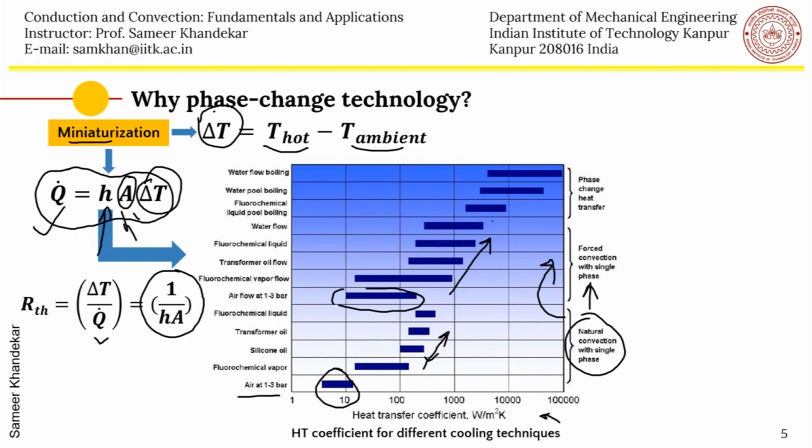Then what do you do? You change the physics, go from single phase to a two-phase system. That means now you start making use of the latent heat. And as you know, the latent heat of water, for example, is very high. Whenever phase change enthalpy is transferred, it's a large amount of heat, and the delta T is very small, because you are actually doing the phase change.